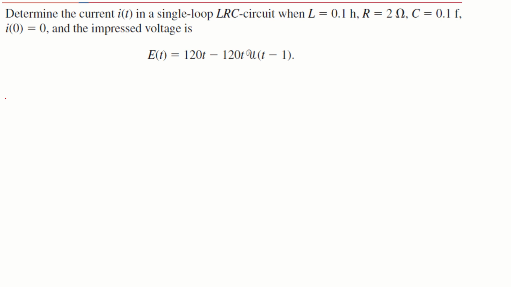We may call this sometimes a rectangular input. So in this case, the differential equation will be L di by dt plus Ri plus 1 over C integral from 0 to t I t dt, that is equal to E of t.